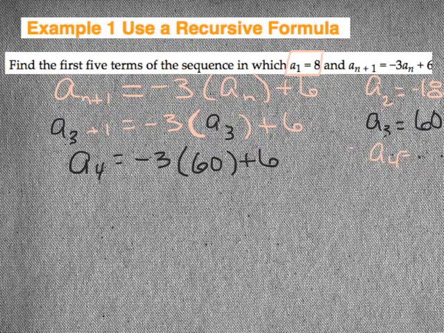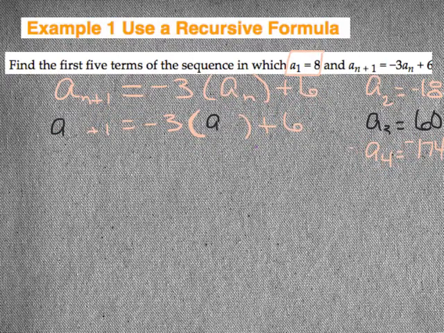So a sub 4 is equal to -174. And then a sub 5, I'm going to get by replacing a sub 4, which is the previous term, into my problem.